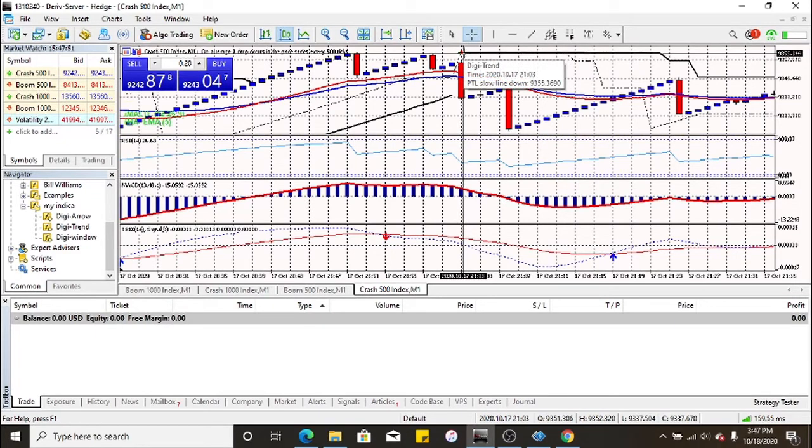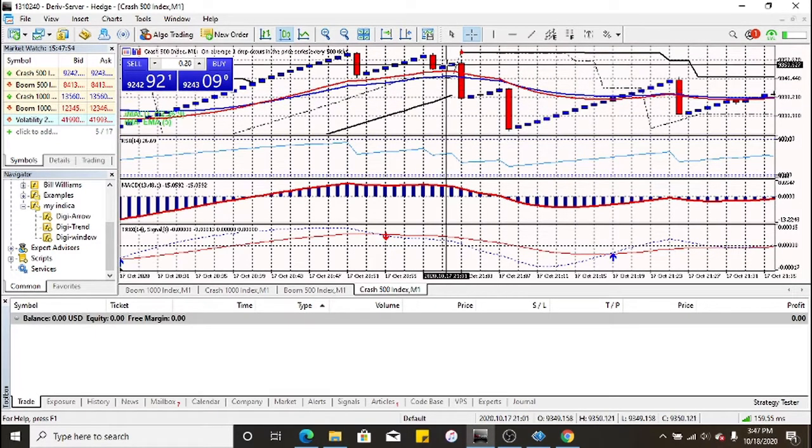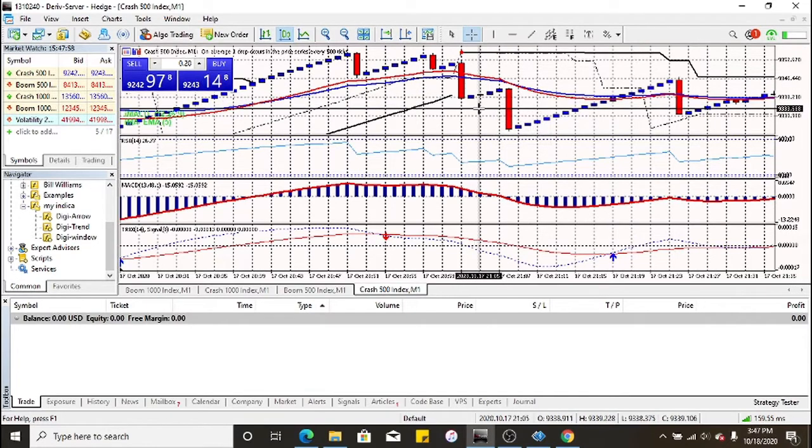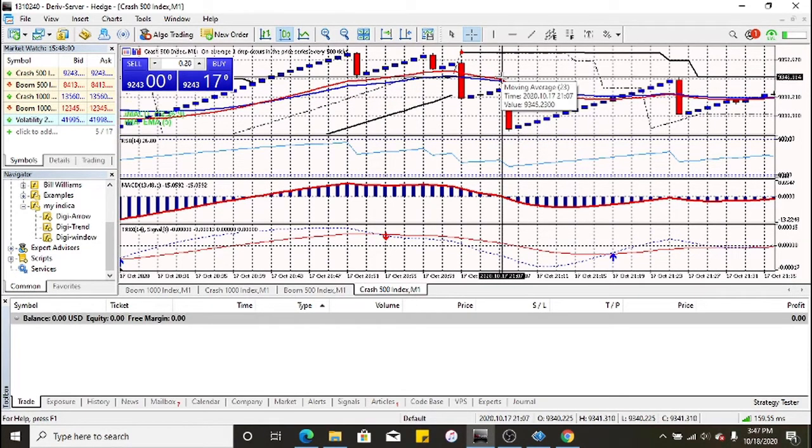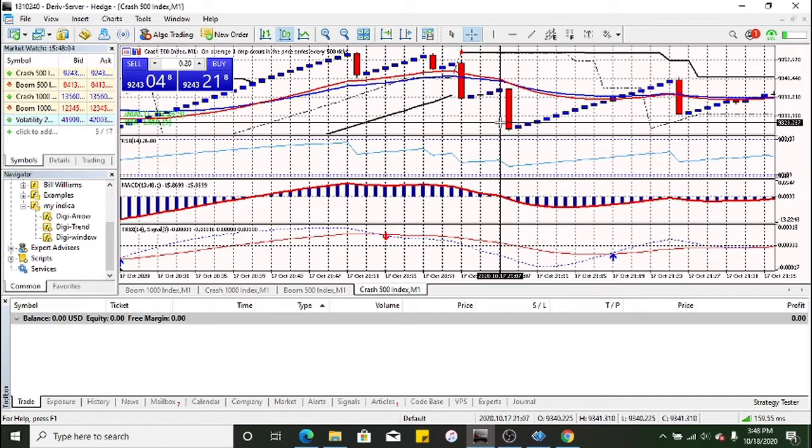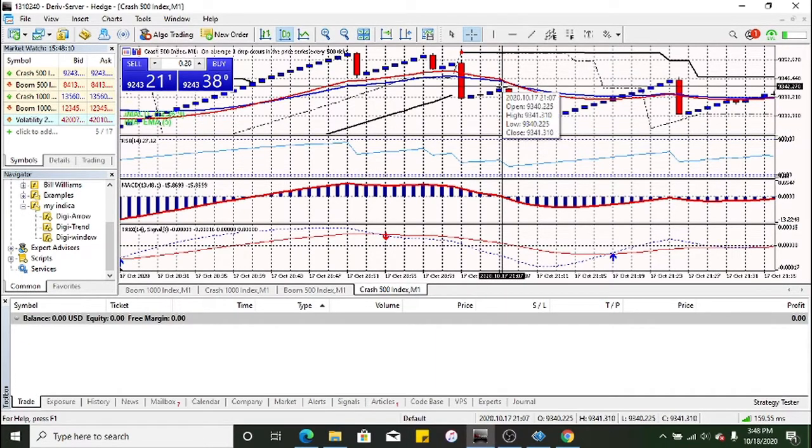See, you are in the red zone. You should expect a spike anywhere from here, and it starts to turn here. I told you in the previous video that whenever it's about turning, I expect a spike. When the MACD and the two moving averages are about to turn, I expect a spike.